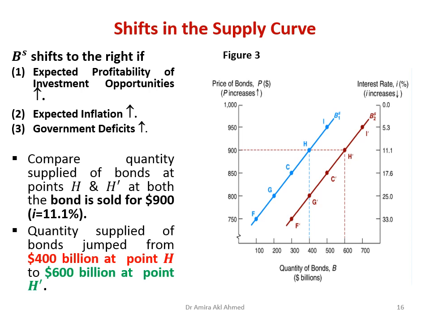At this point H, the quantity supplied of bonds is $400 billion. After the shift in the supply curve to the right, and at the same price of bonds and the same interest rate, the quantity supplied of bonds at point H prime has jumped to $600 billion.